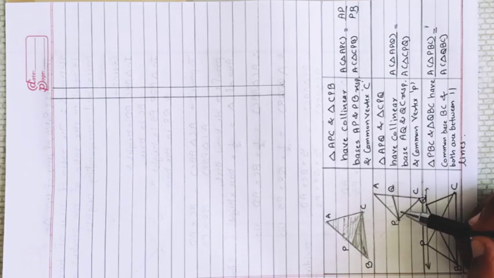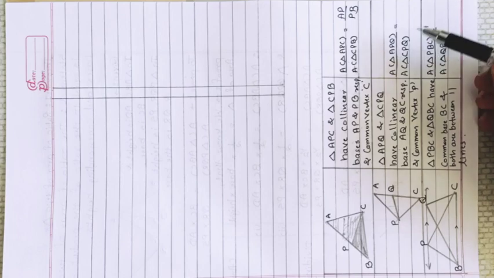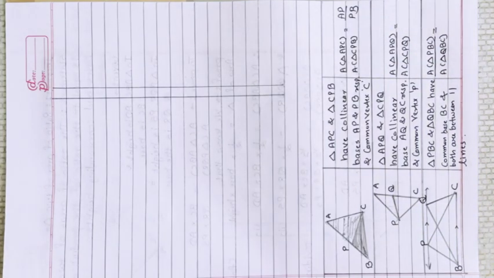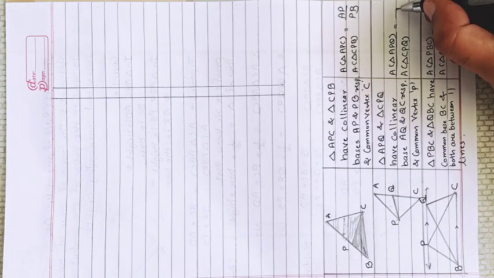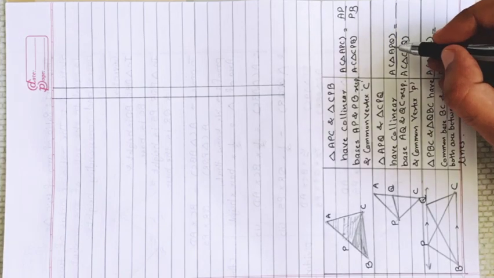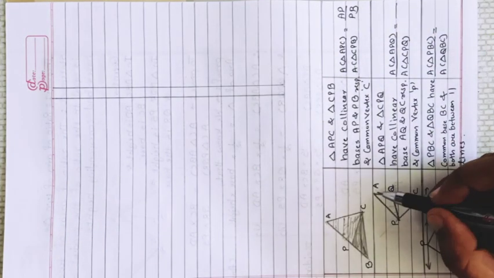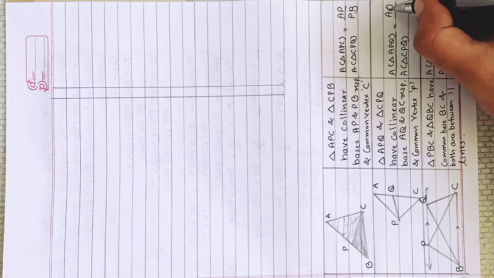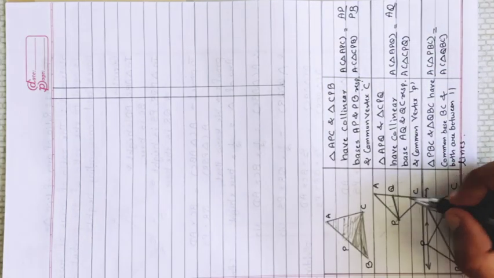So what will be the height? Height will be from point P, so height will be constant, the same. So the ratio of areas of triangles with equal height will be equal to the ratio of their corresponding bases. The base of triangle APQ is AQ and of CPQ is QC.